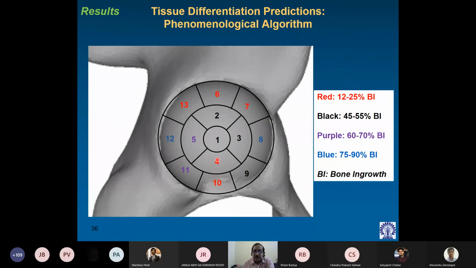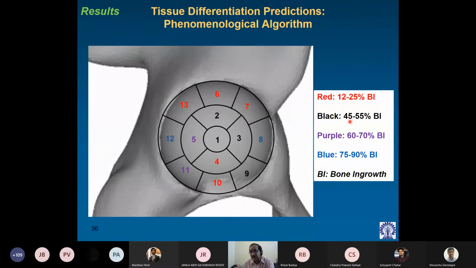So how many regions are there for the red block? There are 5 regions straight away, and it is around 12 to 25% bone ingrowth. The black region is 4 regions: 1, 2, 3, and 9.